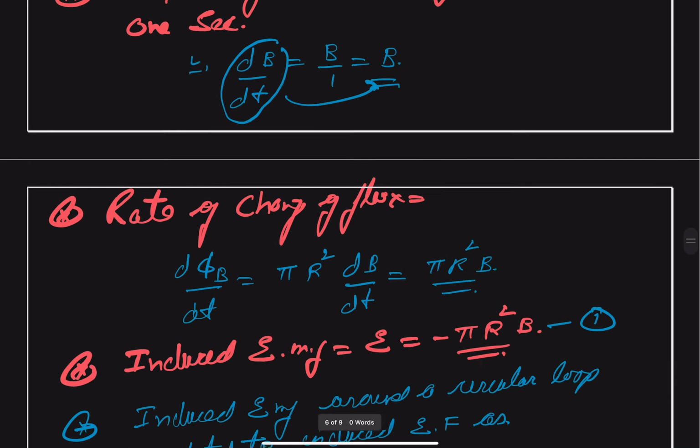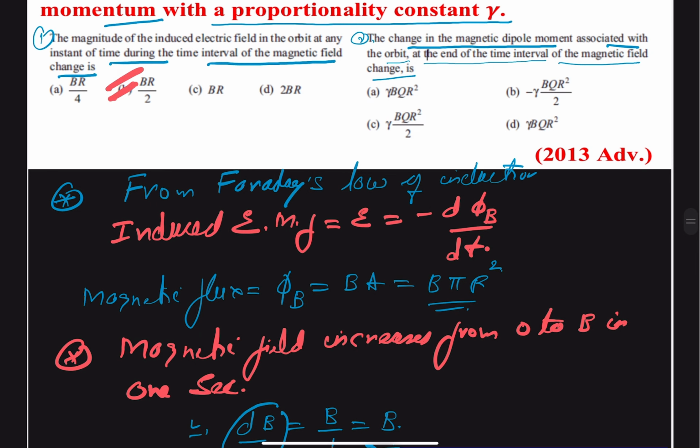Now we come to the second part. In the second part, it is said that the change in the magnetic dipole moment associated with the orbit at the end of the time interval of the magnetic field changes. The time interval of the magnetic field change is basically 1 second. It is also given that the point charge q moves in a circular orbit of radius r in the xy plane.